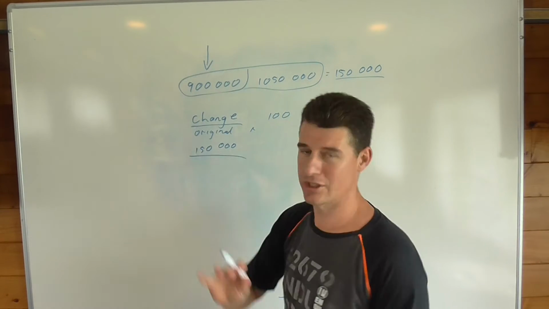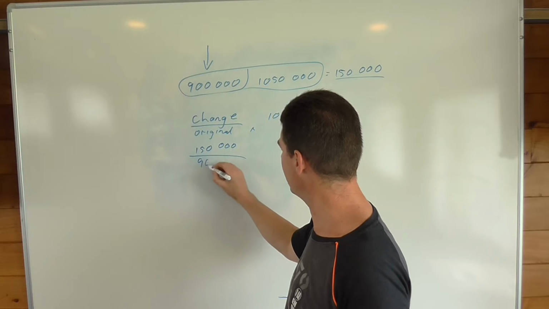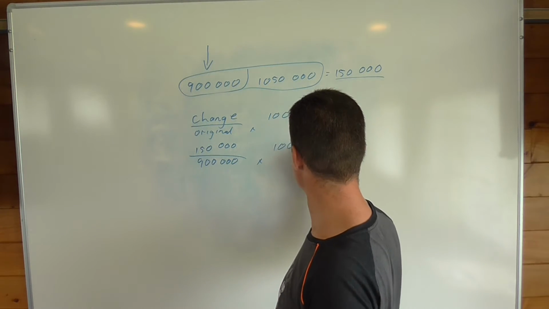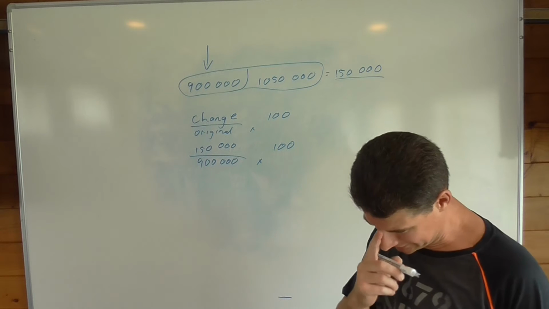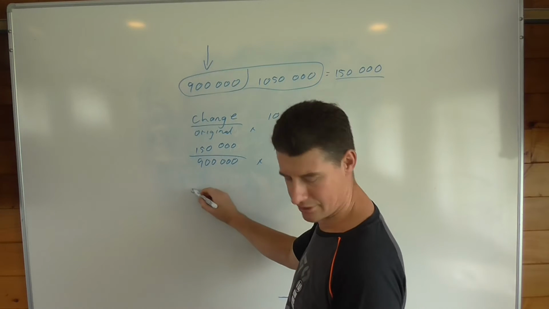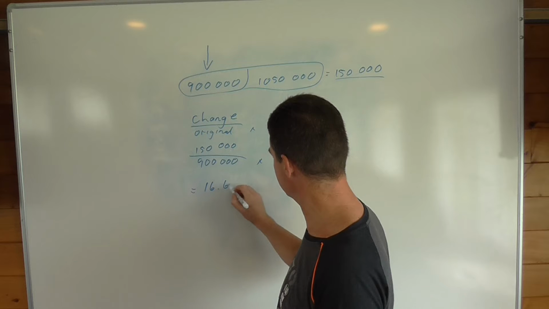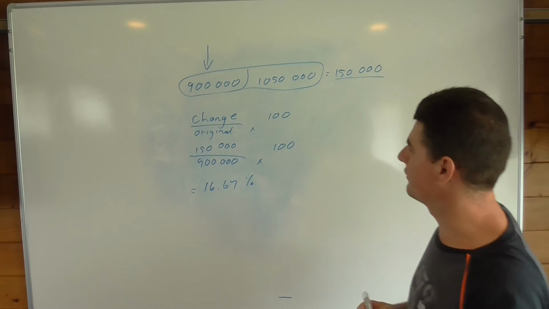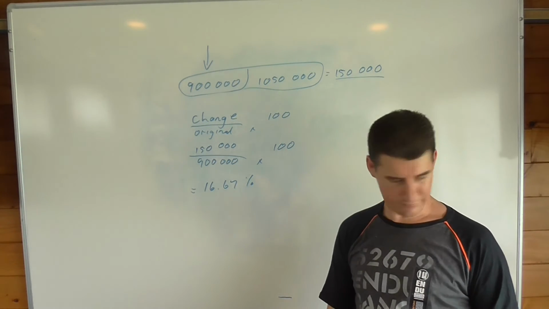Okay, so that's the one that you are comparing it to. So that'll be 900,000, and that's times 100. Okay, so when you do that calculation, you will get to 16.67%.